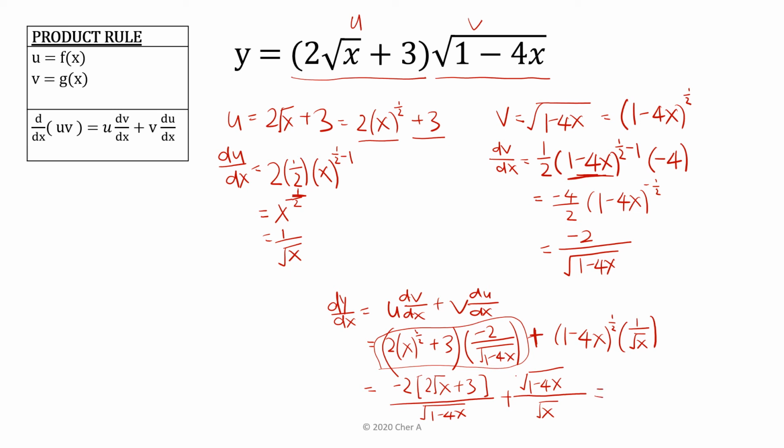So putting everything together, I'm going to do the denominator first. In indices and surds, we learned that we can put the surds together. So it's x, 1 minus 4x. I multiply them together to make it a common denominator.